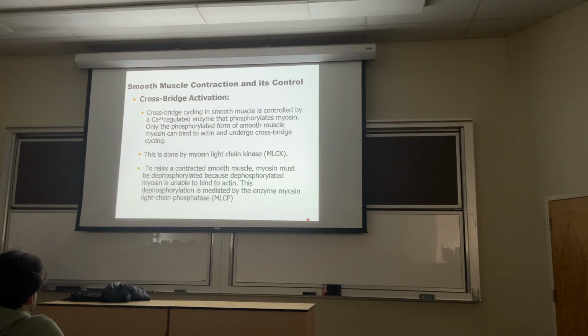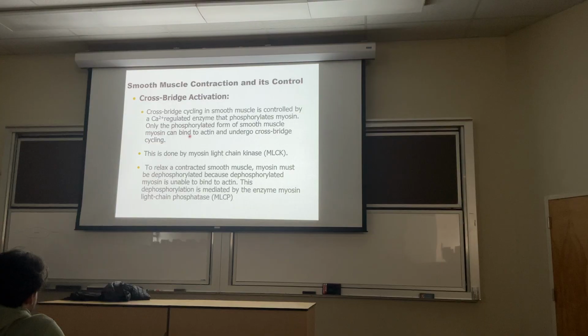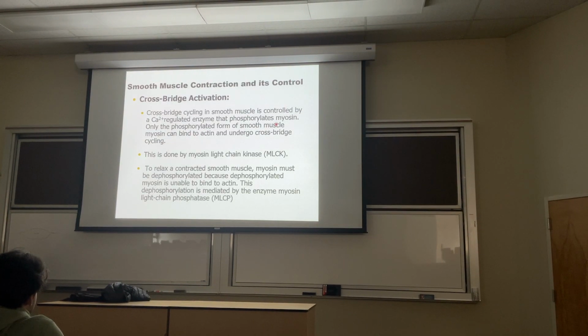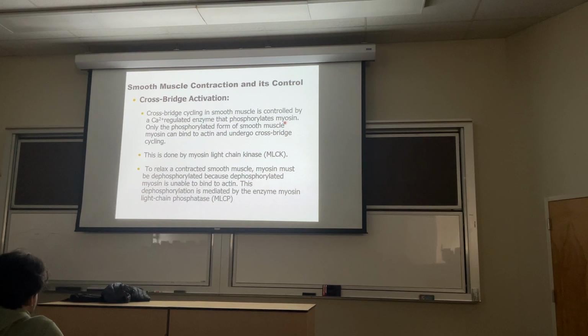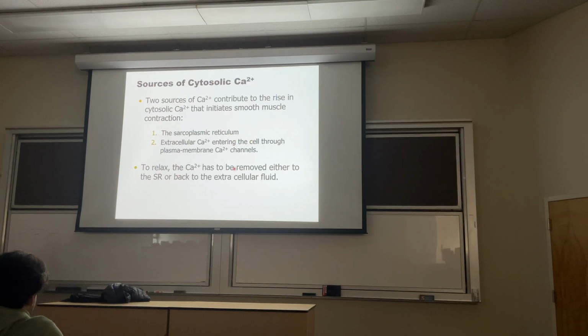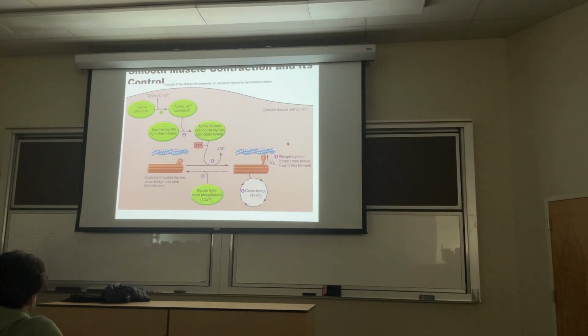Now, for contraction of smooth muscle, we use enzymes. We phosphorylate and dephosphorylate the myosin, and that phosphorylation and dephosphorylation is controlled by two different enzymes, and it's regulated by the calcium concentration. The easiest way to do it is to look at this diagram.